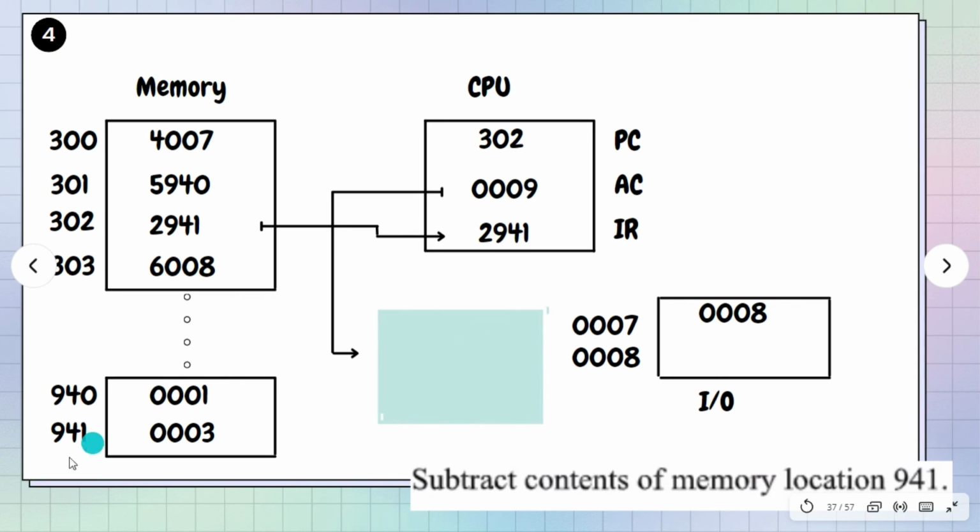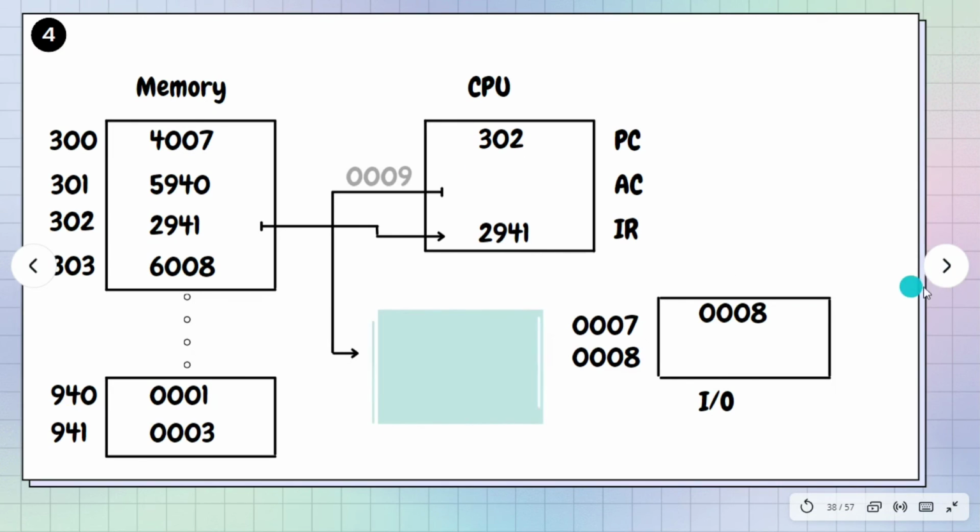Here is memory location 941 and here are its contents. So we will take the current value of the AC and the contents of memory location 941 and simply subtract them. The new value we will also store back to the AC. Okay, that is the fourth step.